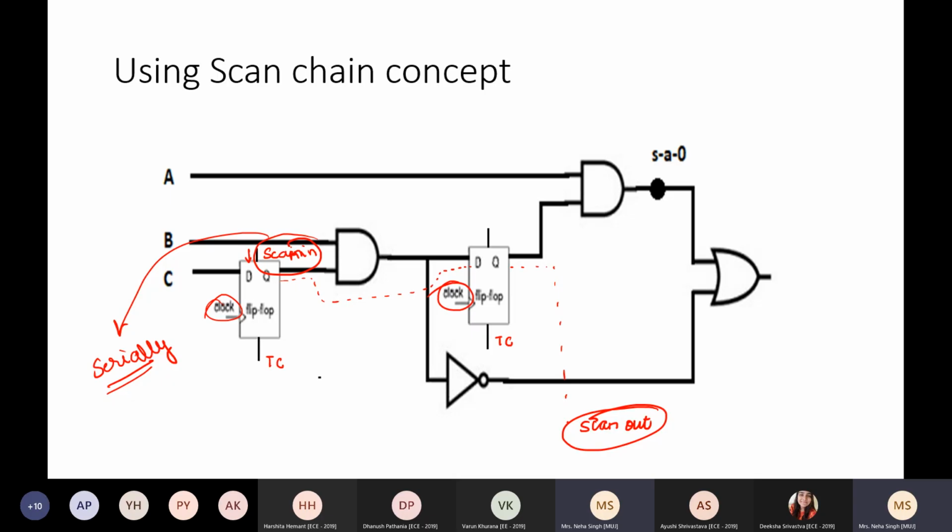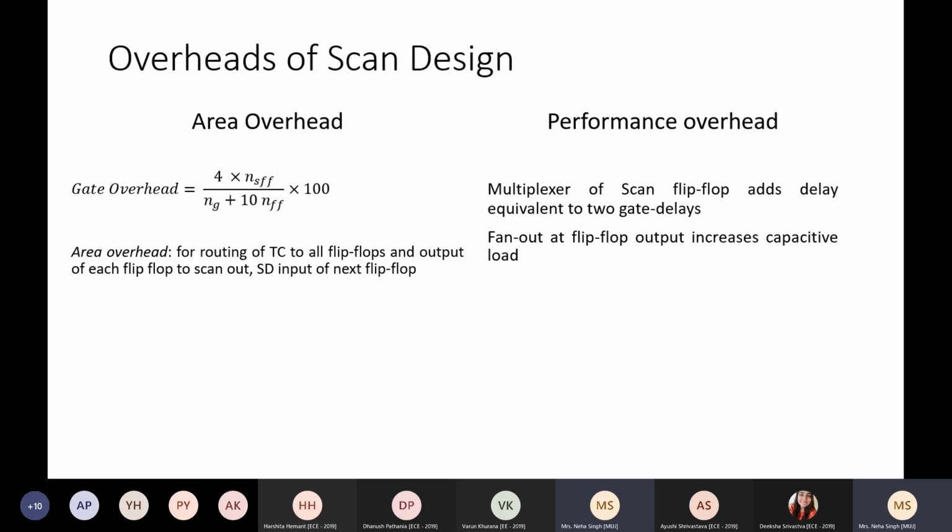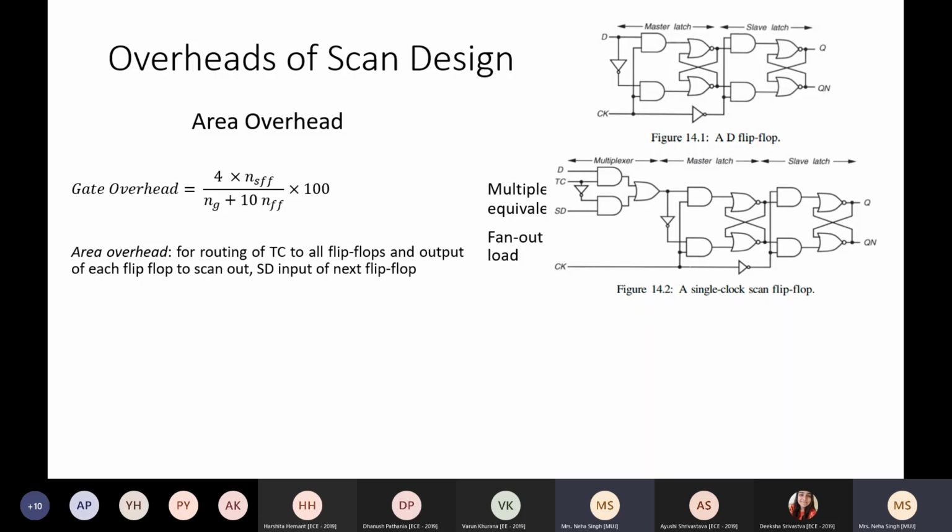However, whatever be the case, I have certain overheads which I should consider when I have the scan design. The D flip-flop is generally implemented in the form of a master-slave. You have studied master-slave in digital. These are similar circuits connected as master and slave which run on opposite clocks.